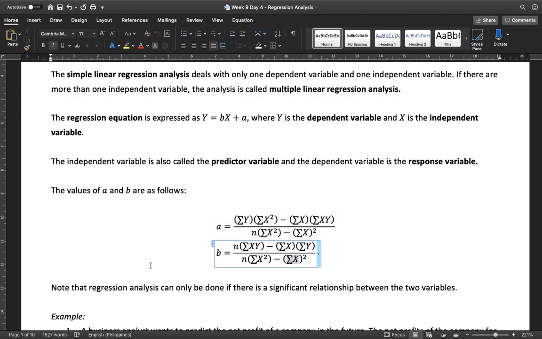Now, the regression analysis can only be done if there is a significant relationship between the two variables. So, the steps in performing the regression analysis: we determine the hypothesis first. We determine the value of R. We test if R is significant, so mag-test tayo.